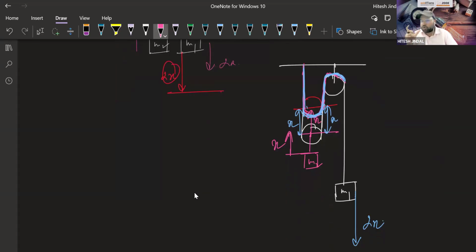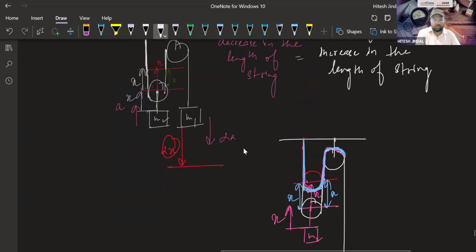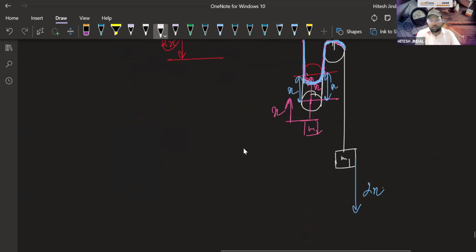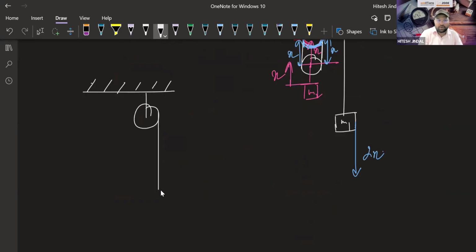We have to identify the forces on the blocks. So I'm again drawing the system. You also just have to practice drawing the systems. You should not feel lethargy about it.